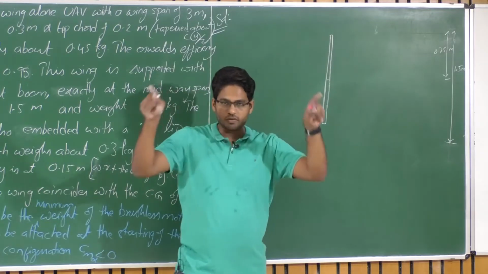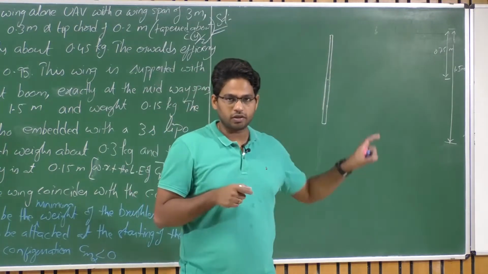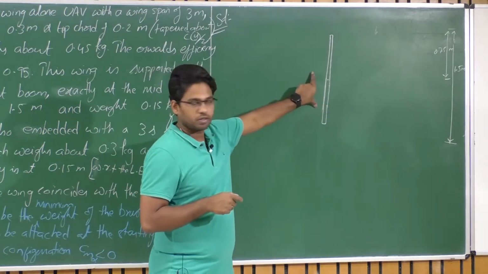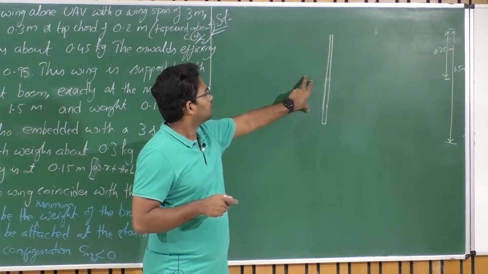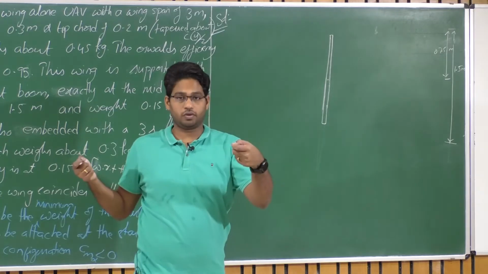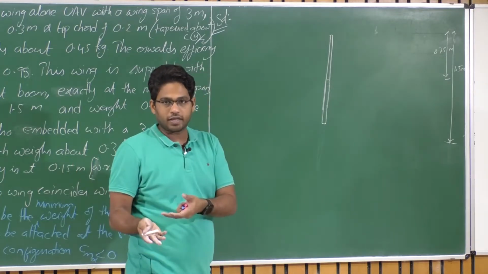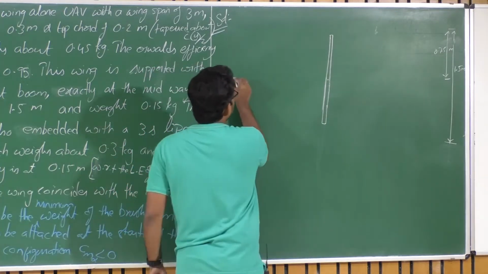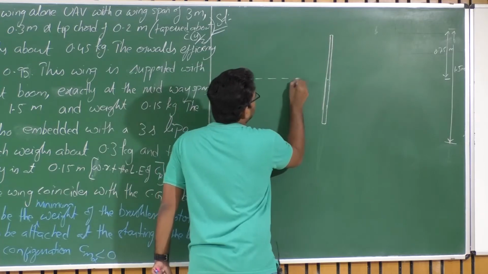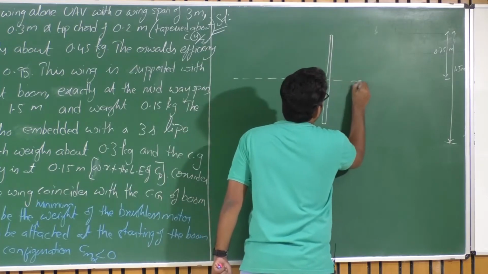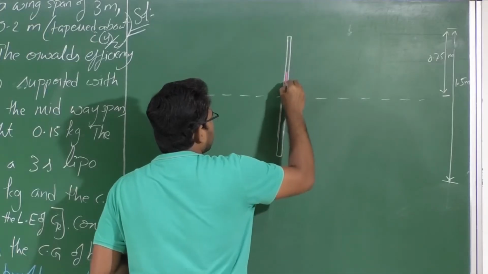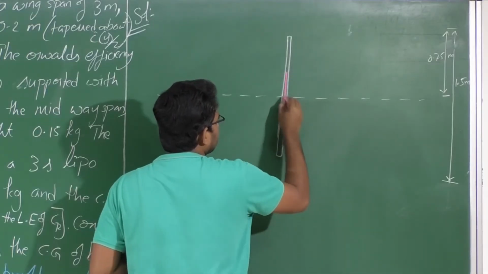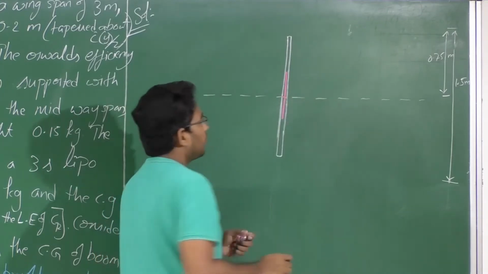Why? Because the CG of the wing coincides with the CG of the boom, and it is present at the midpoint of the chord, which is the taper axis itself. So this will be my taper axis, which is the midpoint of the chord. Say this is my root chord, given as 0.3 meters.